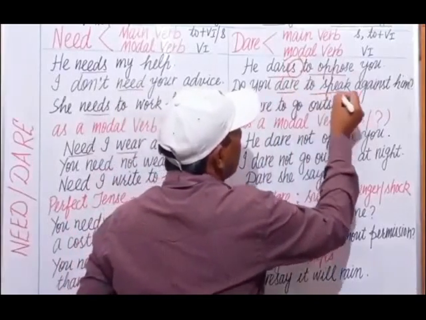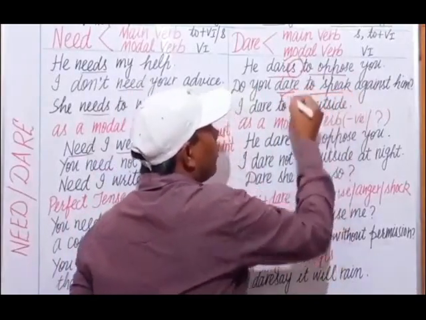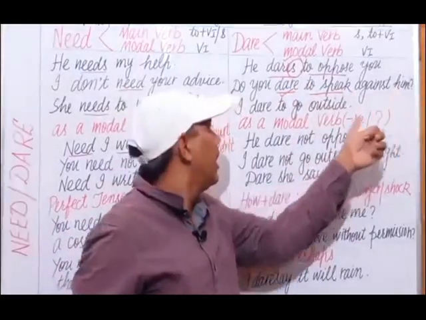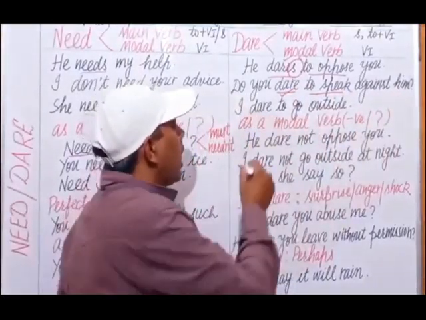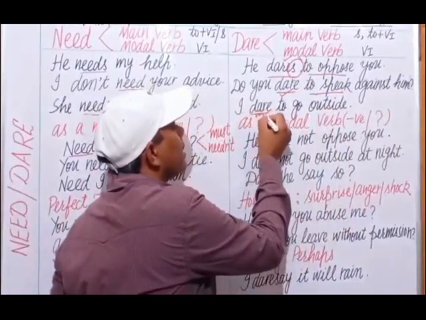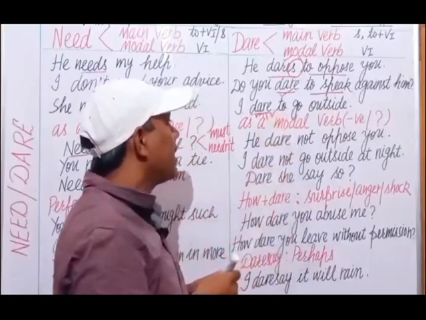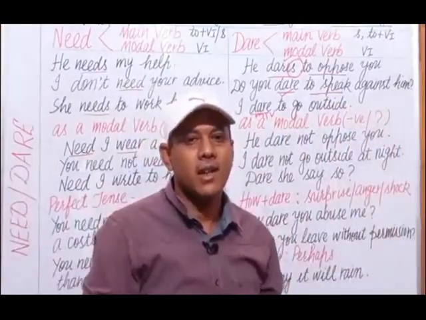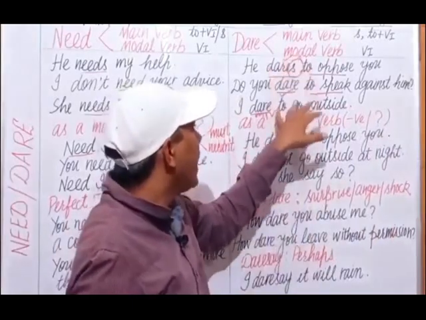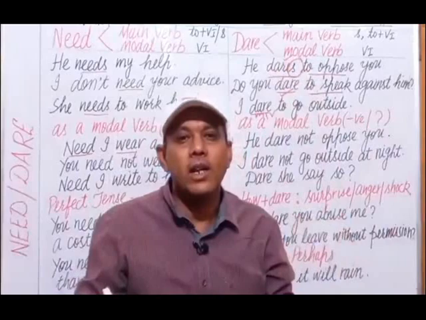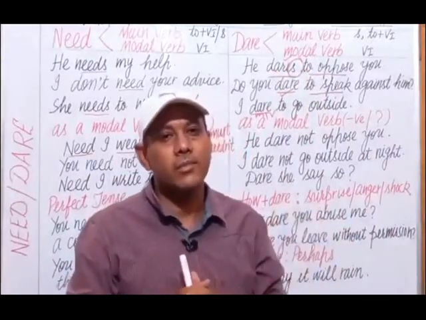Dare to speak. To infinitive, main verb. Do you dare to speak against him? I dare to go outside. I dare, subject, and this is main verb. I dare to go outside at night. In this way, we can use dare as an ordinary or a finite verb.